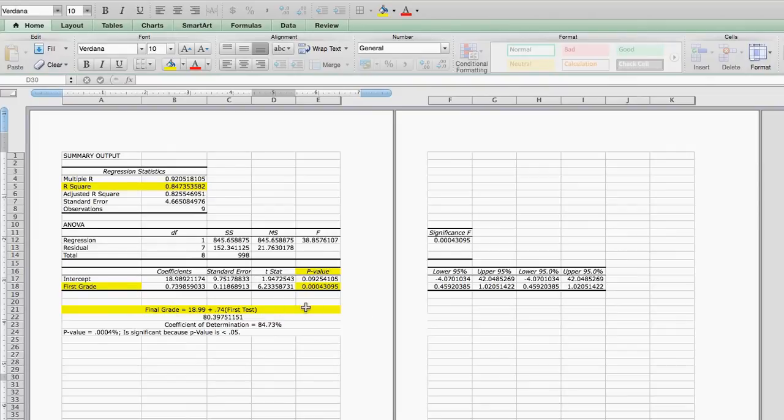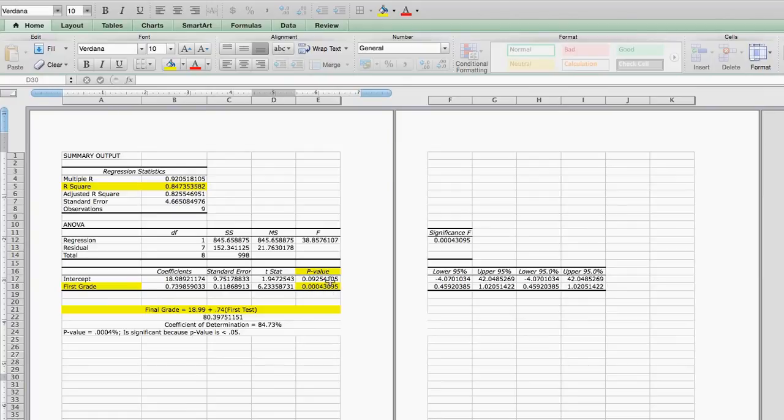Now, just by itself, I don't know if that is a good equation to use to forecast the final grade. I don't know if there is a relationship between the two variables. That is where the p-value comes into play. It's the p-value for the coefficient, or for the beta, which is 0.0004.